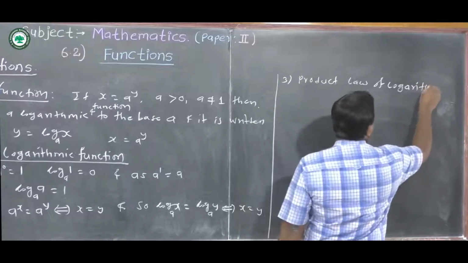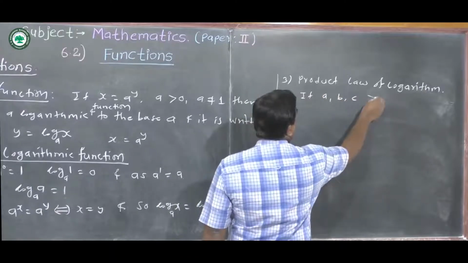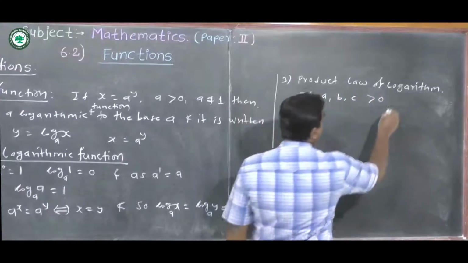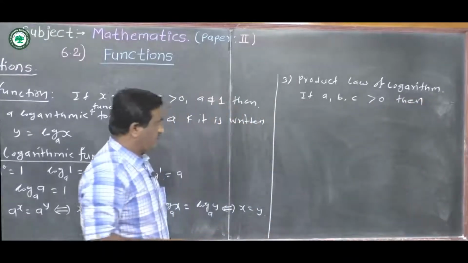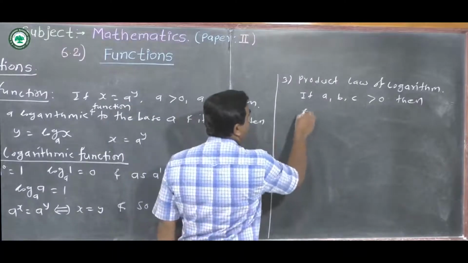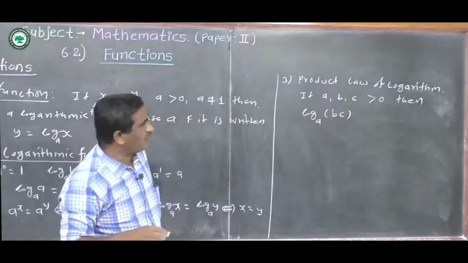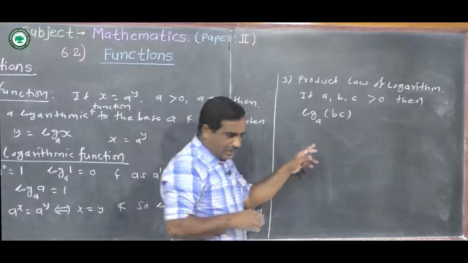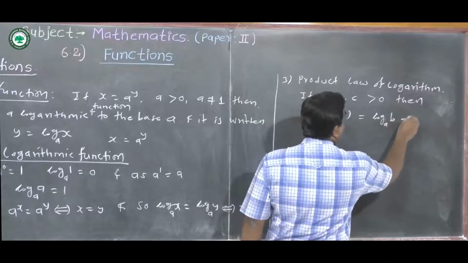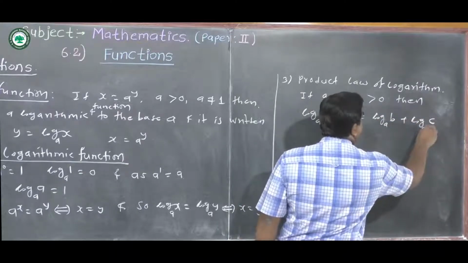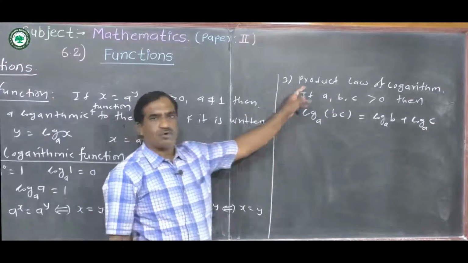If a, b, c are greater than 0, then log of b into c to the base a, the product of numbers b into c to the base a, is equal to log b to the base a plus log c to the base a. Okay, this is the product rule of logarithm.